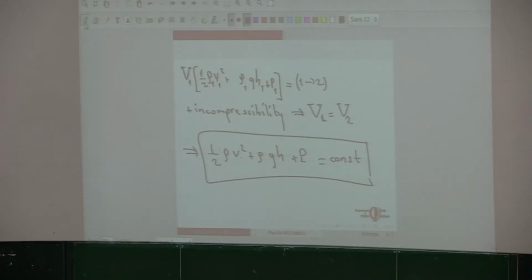It is the value of this quantity at the beginning of the flow and at the end of the block that I am considering. This is what we had shown. This is called Bernoulli's principle, Bernoulli's equation.